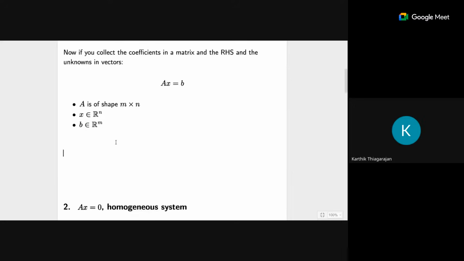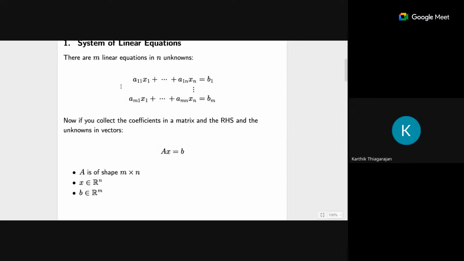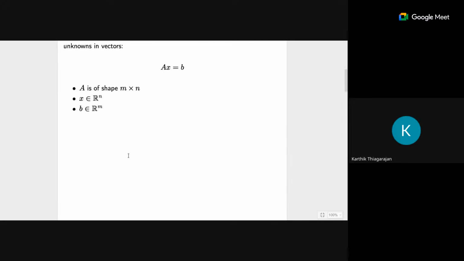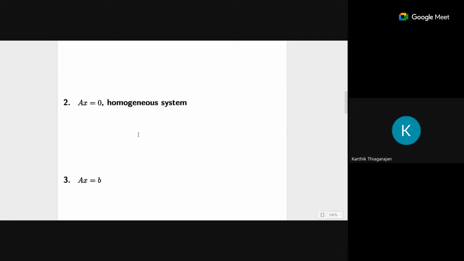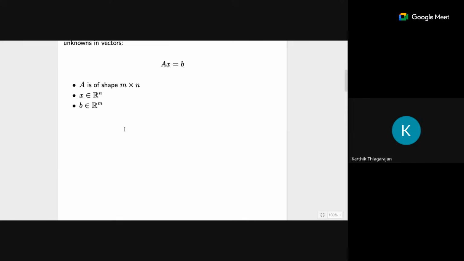This is a proper way of understanding it, but there are other ways of looking at it. I'll mention two ways of rewriting the same equation so that we are able to understand the solutions better, or how to solve them better. First, we look at Ax itself.